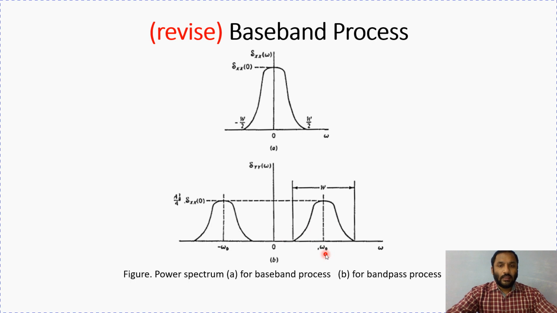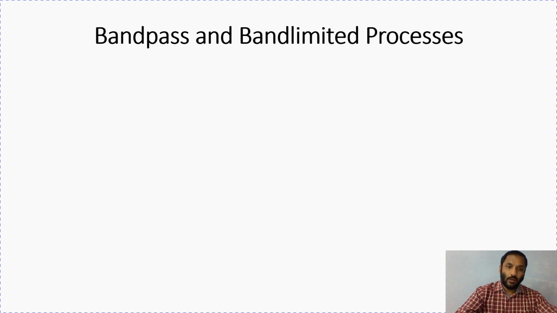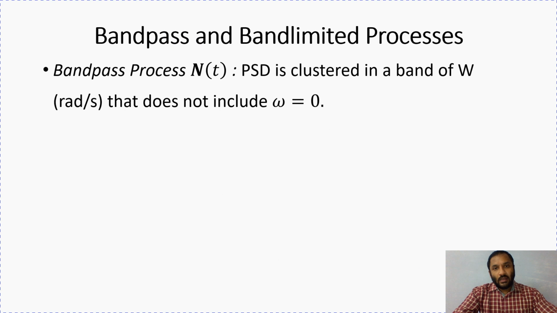Okay. Now the frequencies that are concentrated around zero are negligible compared to the power that is distributed around omega naught. So that is what is called a baseband process. Now let us come to the definition of a baseband process.